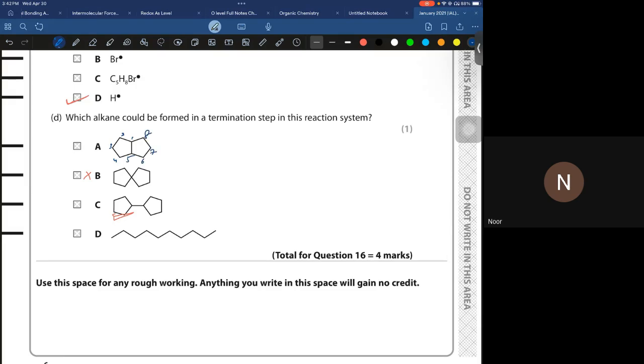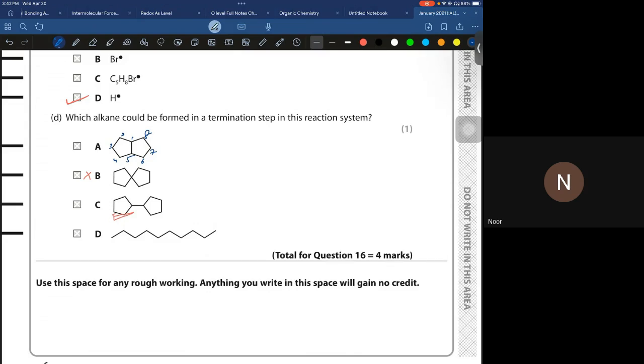So in the termination step, the two molecules are going to combine with each other and form a product. So your reactant was cyclopentane. Let's suppose the radical of cyclopentane is formed, and then I'm going to react it with the other reactant, that is also cyclopentane.